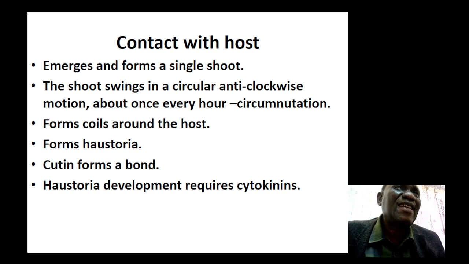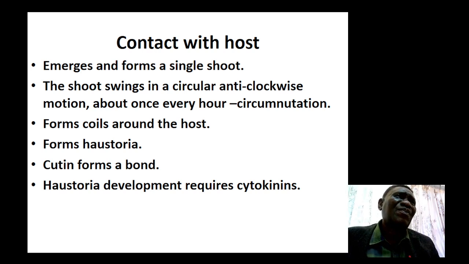It emerges and forms a single root, and the shoot will swing in a circular or anti-clockwise motion about once every hour, which is known as circumnutation. It coils around the host and forms haustoria. It also forms cutin for bonding. Then haustoria development starts, and it also requires cytokinins.